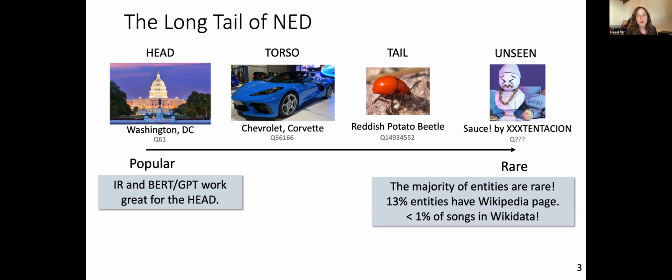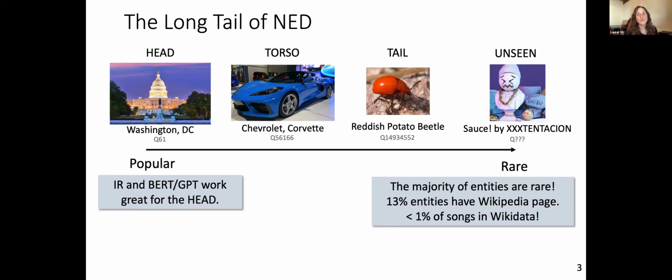Now, why this is so important is that in industrial settings specifically, the majority of user queries are actually over these rare entities. And even if you look at Wikidata as a standard knowledge base, and then you have Wikipedia, which has textual information about entities, only about 13% of entities in Wikidata even appear in Wikipedia, where you have textual information on them.